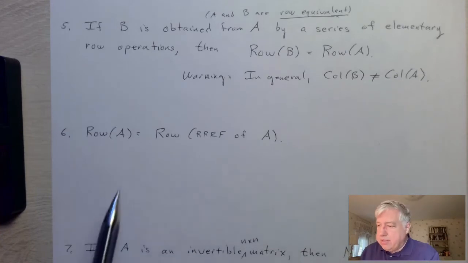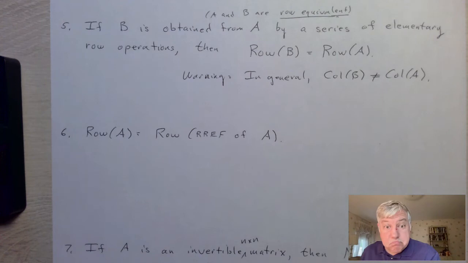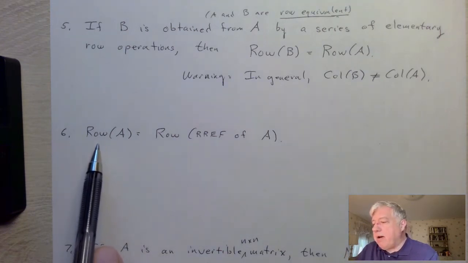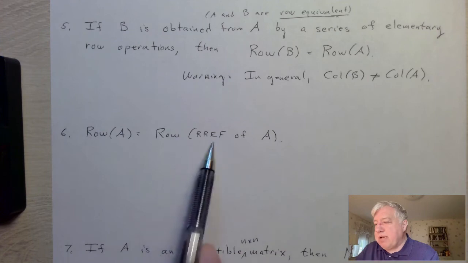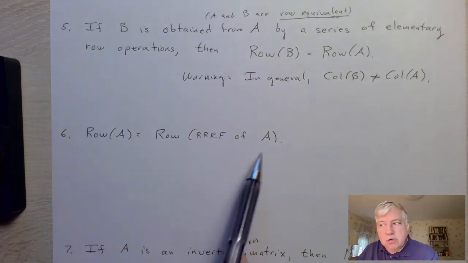But because every matrix has a reduced row echelon form, and reduced row echelon form is obtained by elementary row operations, we get that the row space of A is equal to the row space of its reduced row echelon form, which is great.